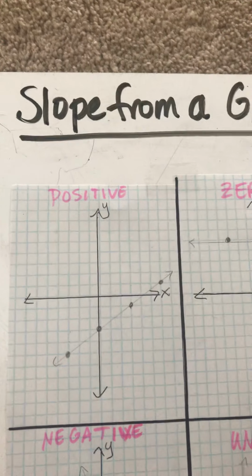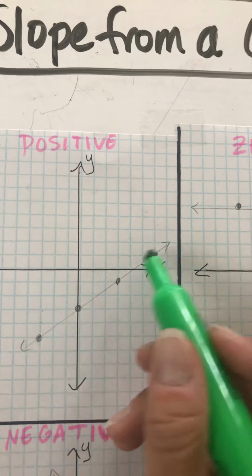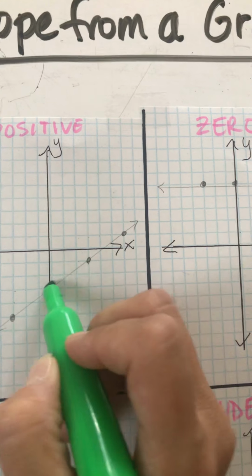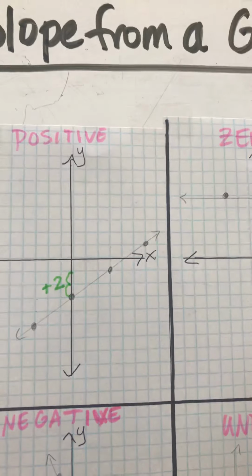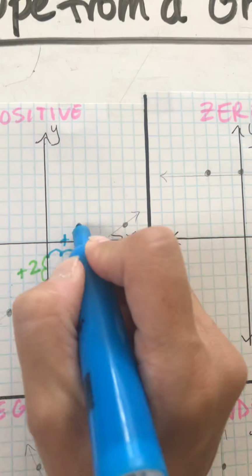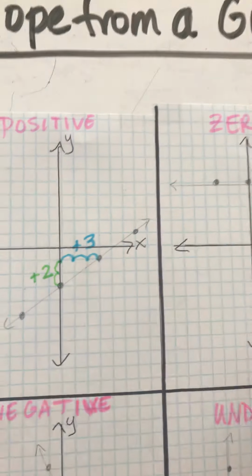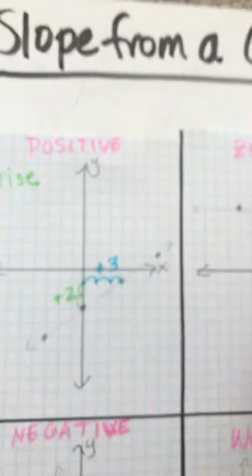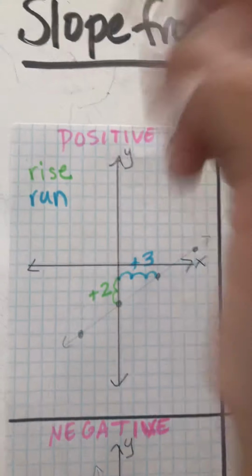So we can take 2 points and figure out, okay, if I'm from here to here, it's a straight line, so it doesn't matter which ones I pick, how many jumps up? 1, 2, and up is a positive, and then how many jumps over? 1, 2, 3, and since it's to the right, that's positive, and your up is what we call rise, and then your over is what you call your run.